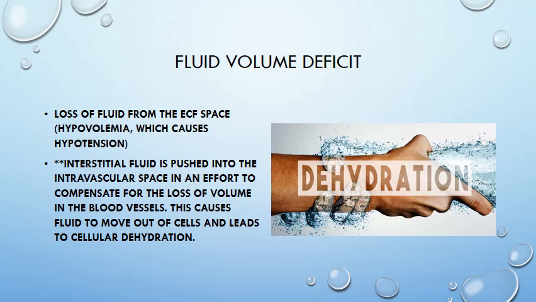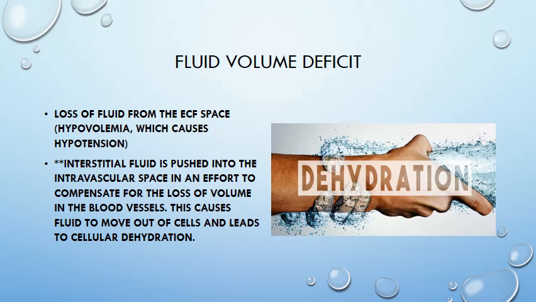When this occurs, it causes fluid to move out of our cells, because now that we've pulled fluid from the interstitial space, well, what's going to fill that up? So our body says, hey, we've got to take fluid from the cell. So now we pull fluid from the cell into the interstitial space. So we've gone from intracellular to extracellular, right?